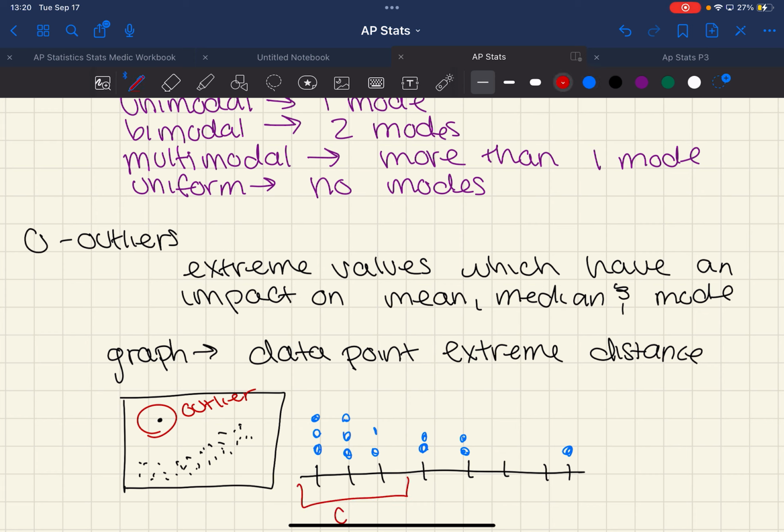This is called a cluster of data. This point, since it has an extreme distance, is an outlier. So we can view it by a graph, and we can also view it by gaps in data. So this is a gap.